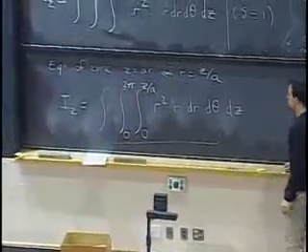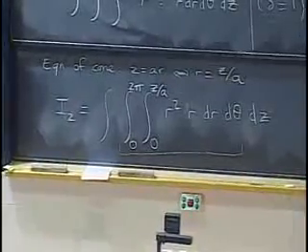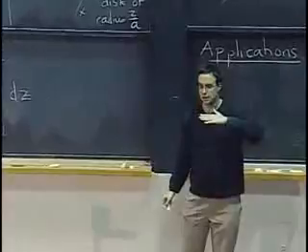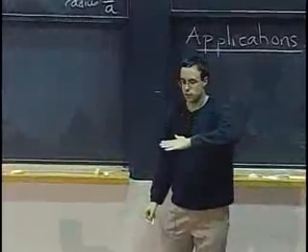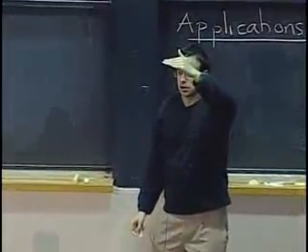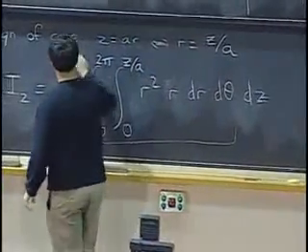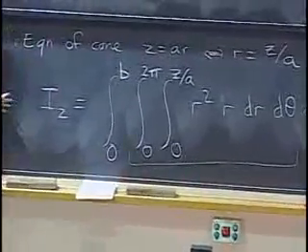Then, to set up the bounds for z, which is now my outer variable, the question I have to ask is, what is the first slice and what is the last slice? The bottommost value of z would be 0, and the topmost would be b. And so that's what I get.